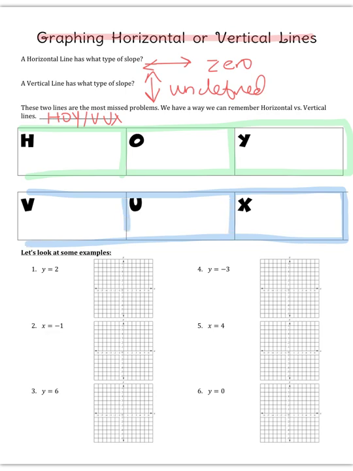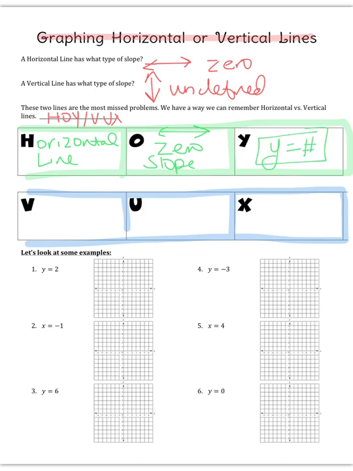The H in HOY means it's going to be a horizontal line. The O in HOY means it's going to be a zero slope, which means your graph's going to look like that. The Y in HOY means your equation has y equals and then some number. So that's what your equation looks like.